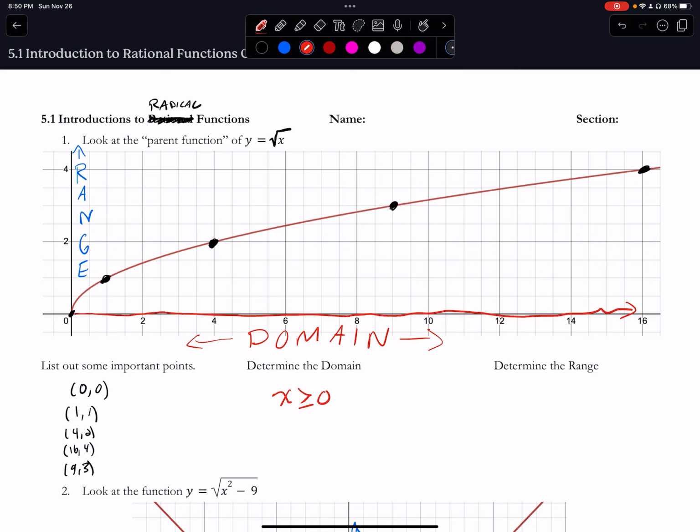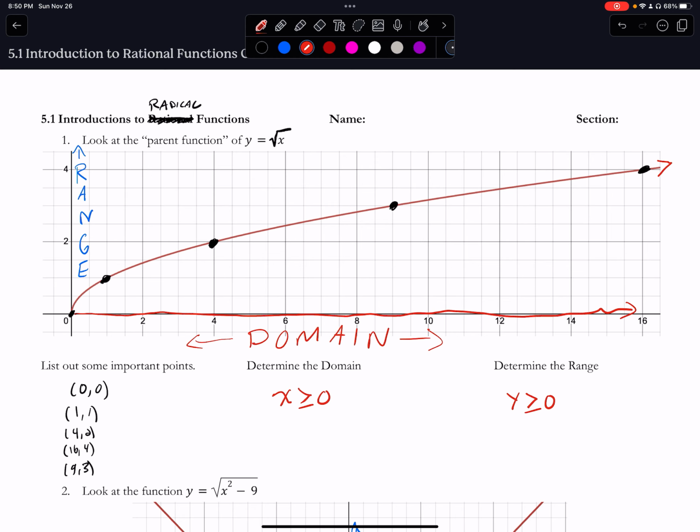And if you look at the range, since it starts at 0, you're going to say y is greater than or equal to 0, because the graph just keeps heading off up towards infinity to the right.